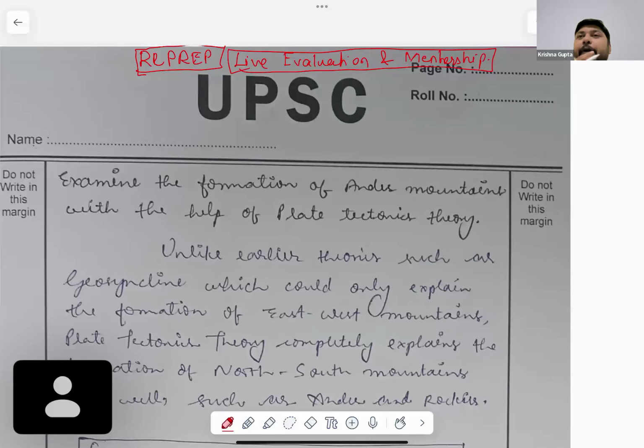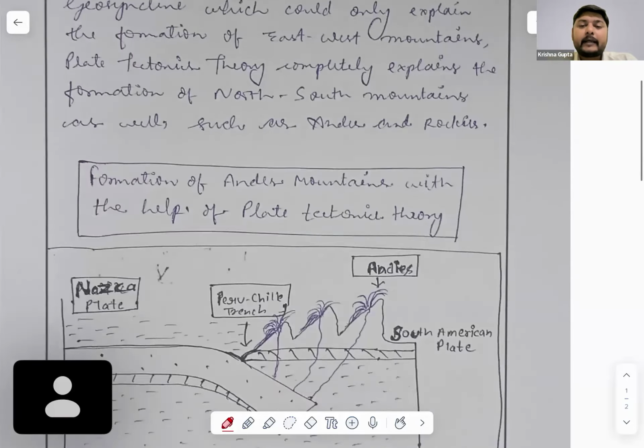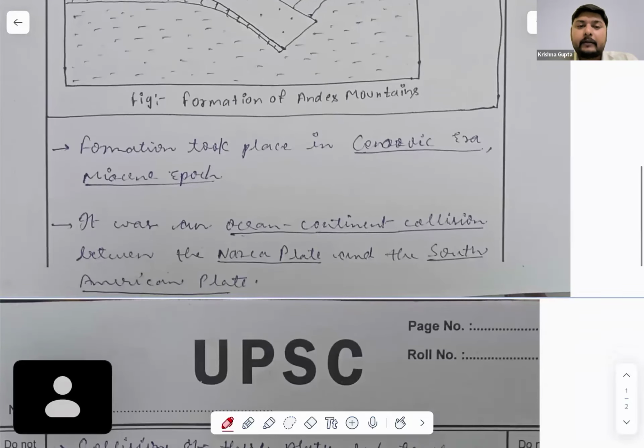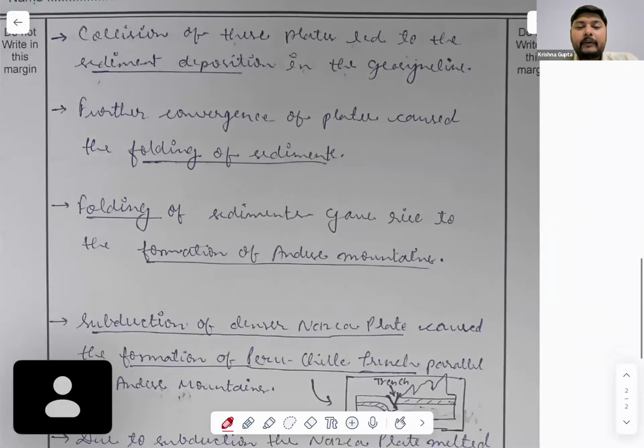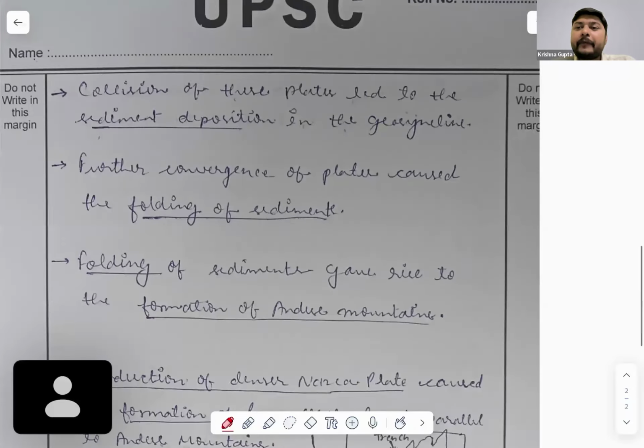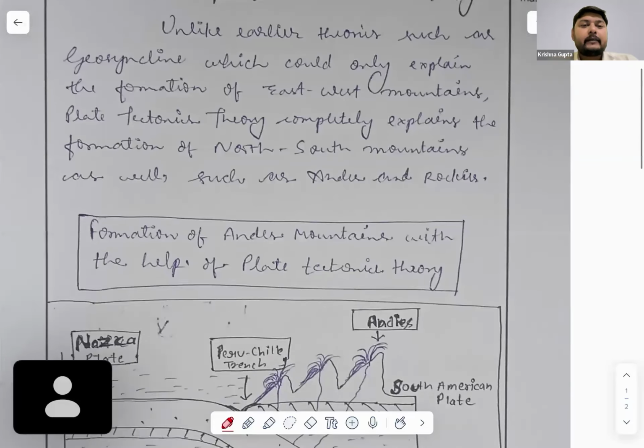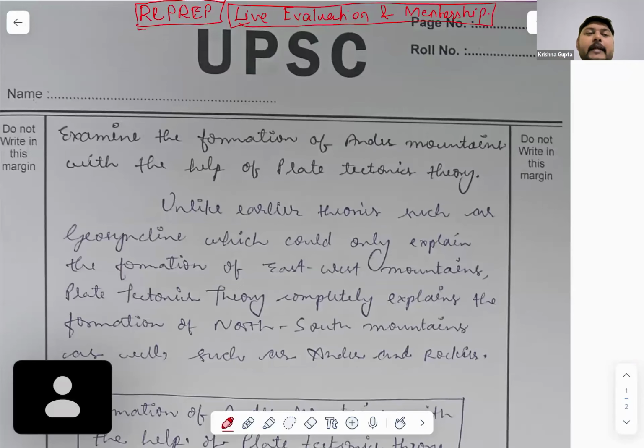Now, in this session, what we'll be doing is going through the answer which has been written by one of a very brilliant student, and then we will be discussing how we can have a better approach. Okay, so let's look at the question.